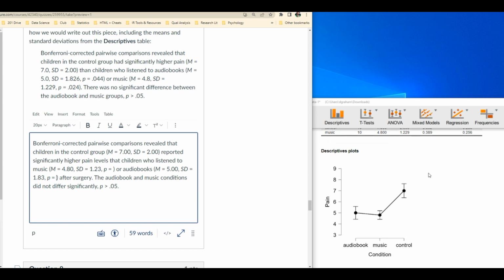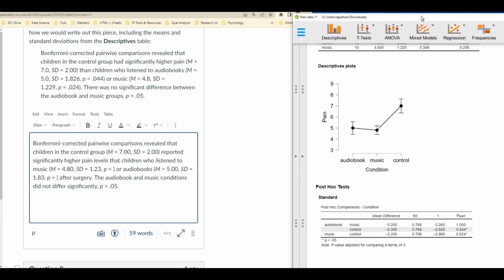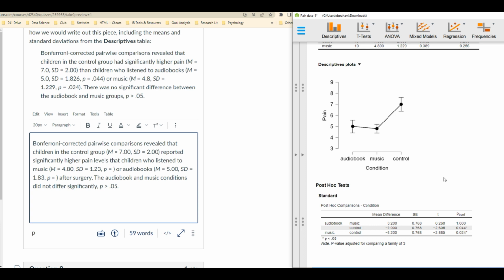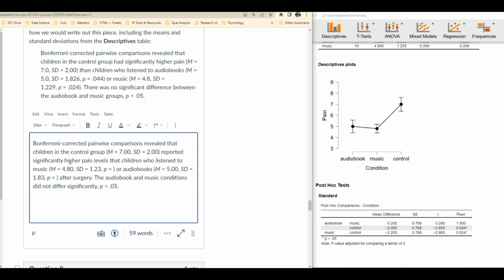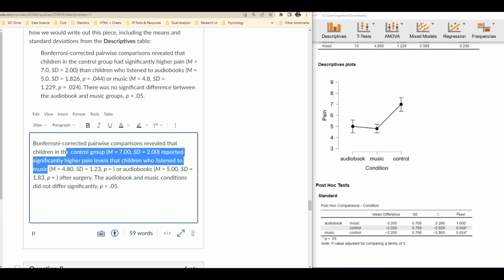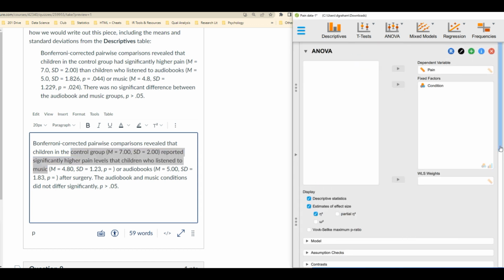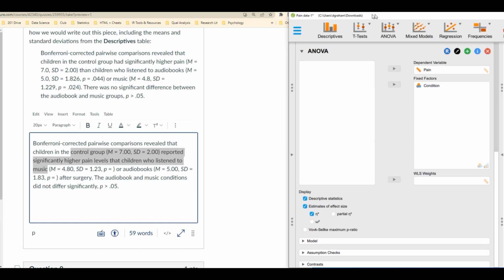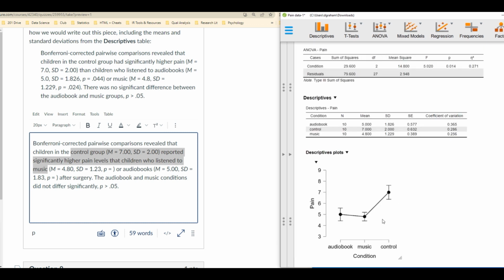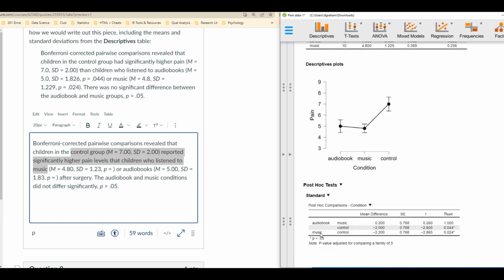Let me scroll back down, find my p-values for my Bonferroni, and so which one do I need first? First, I need music versus control. So music versus control is the one that's on the very bottom of my table here. No, come back. Right, music versus control.